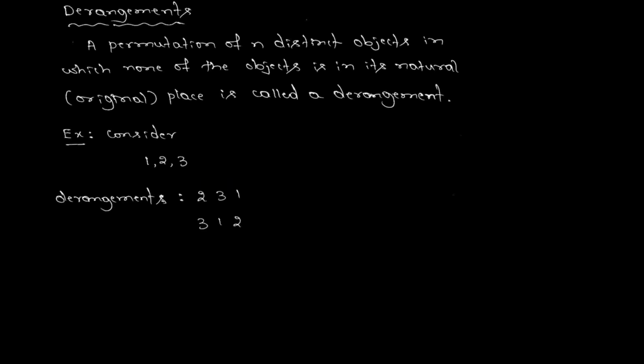Now this is another derangement of the given sequence. You can see 3 has appeared in the first place, and 1 has appeared in the second place, 2 has appeared in the third place.